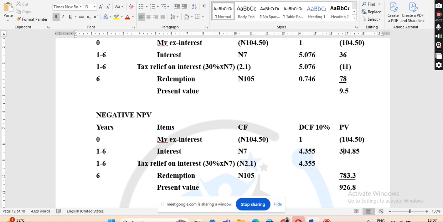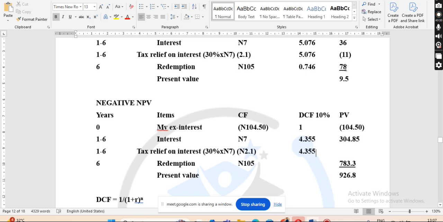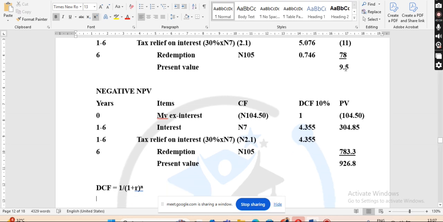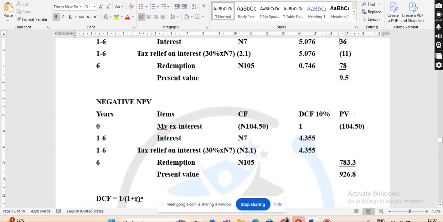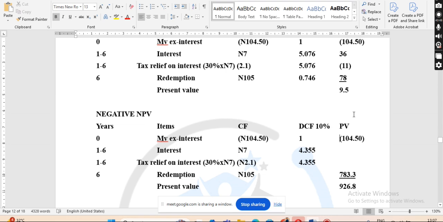Next, what do I have? Please change this. Okay, this one is okay now. 10%. Please, the annuity from year 1 to 6. Please confirm that annuity. The interest is 30.